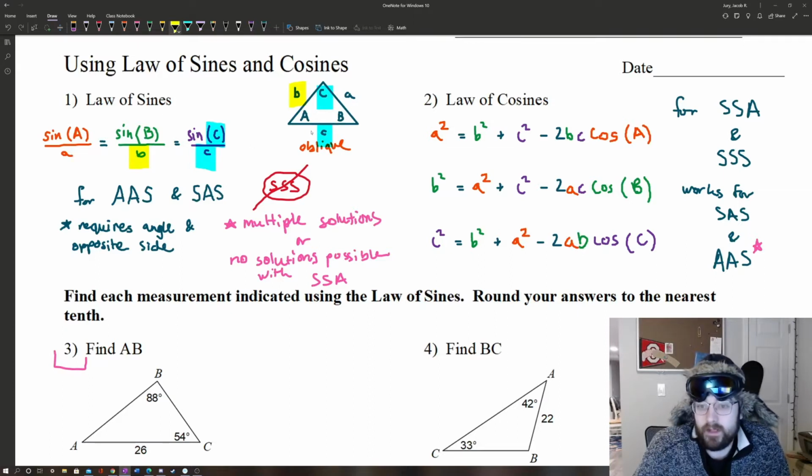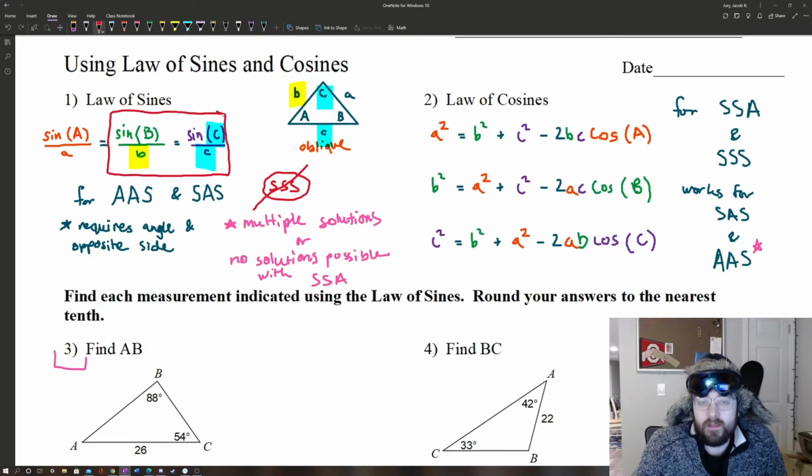We could figure out what A is if we know two angles, but once we have just part of this relationship, if we have just this equation to work off of, then we only have one variable to solve for, and we'll use an inverse trig function to do that.